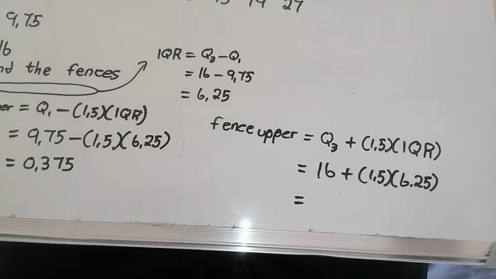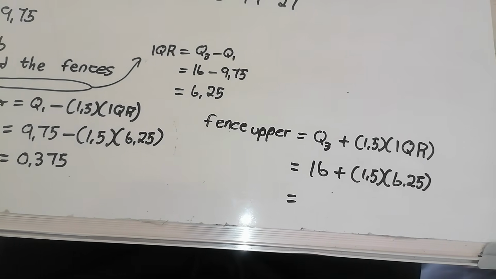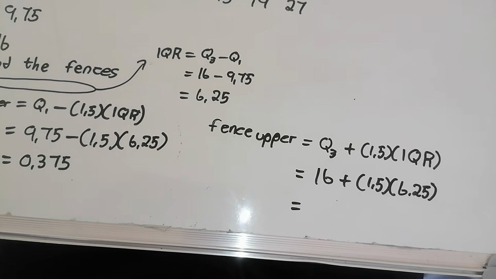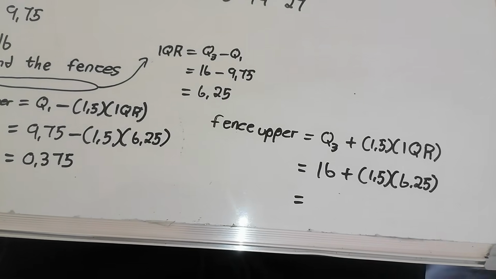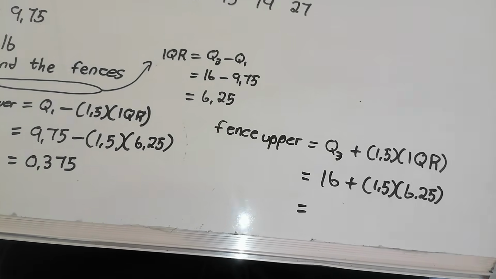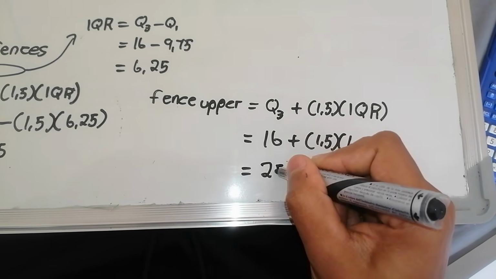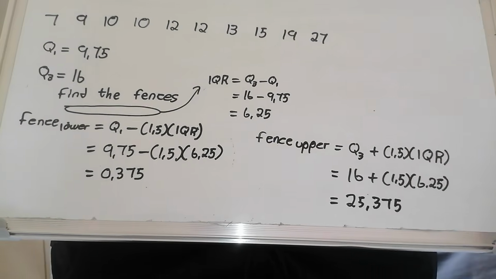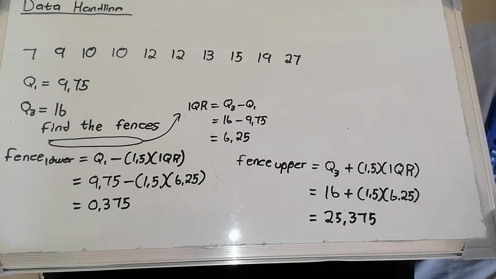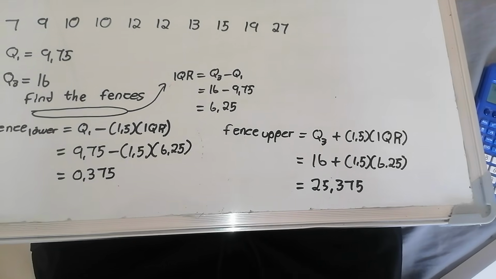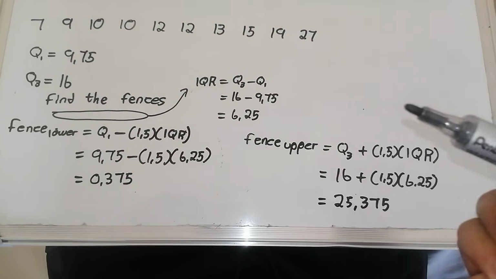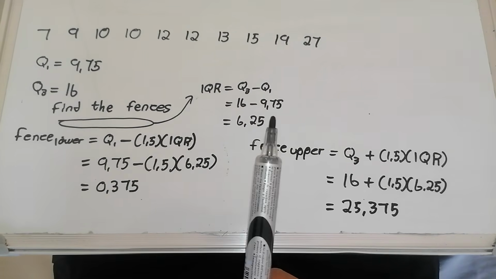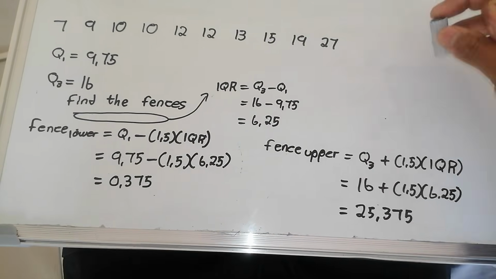You put it in the calculator, and it's gonna give you 25,375. And this is how you find your upper fence and your lower fence. So yeah, you first need to determine your Q1 and Q3, then your interquartile range.